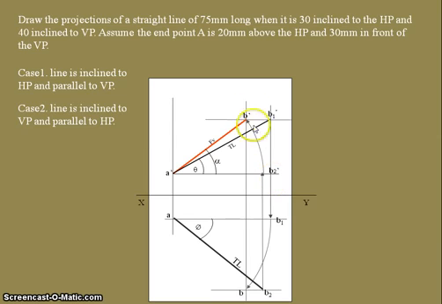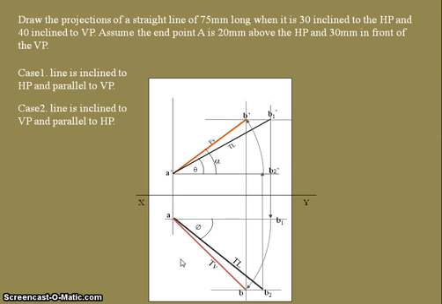Observe, by drawing the vertical construction line from B dash, and by drawing a curve, we are getting the same intersecting point. This is the point which is required for drawing the final top view. Now join the two points A to B, and we get the final top view for a given straight line when it is inclined to both planes.